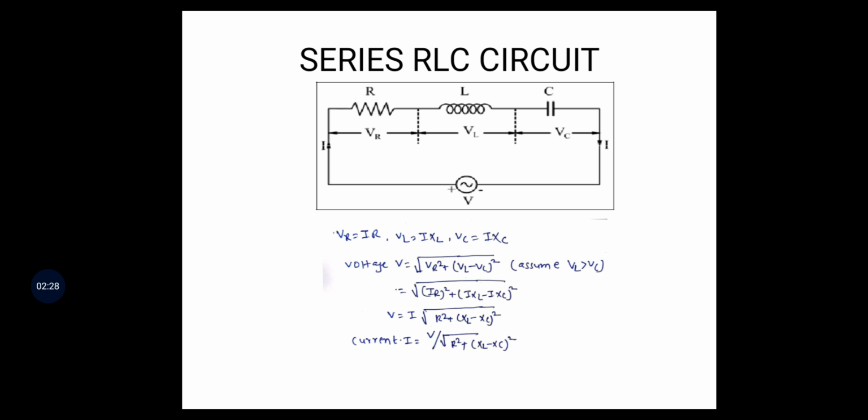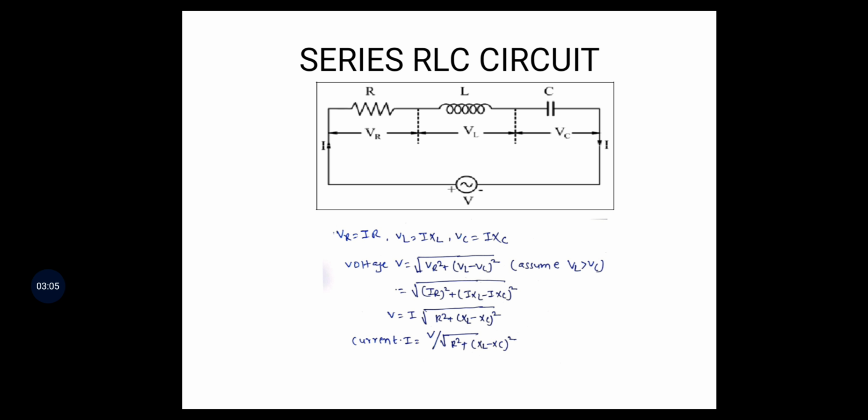Here we apply the voltage. We know V equals Vm sin omega t in a series RLC circuit. When we apply the voltage V, the current I flows. Then the voltage across each element is VR across the resistor, VL across the inductor, and VC across the capacitor. By Ohm's law, V equals IR.